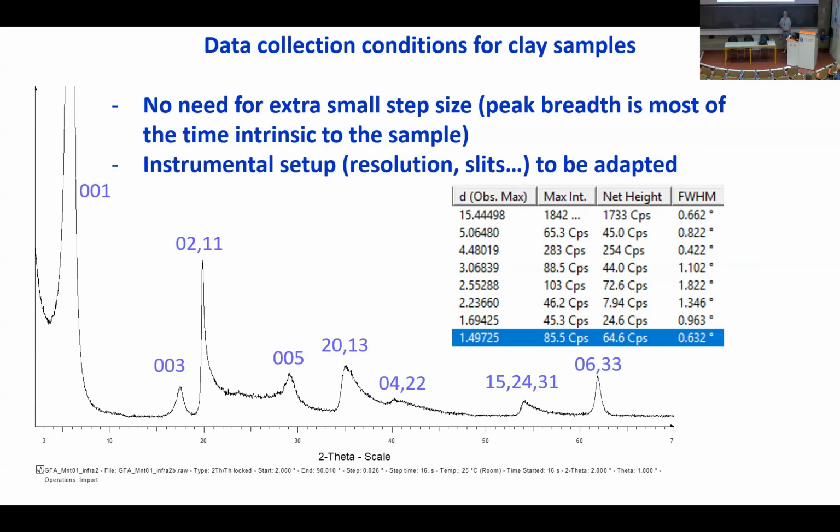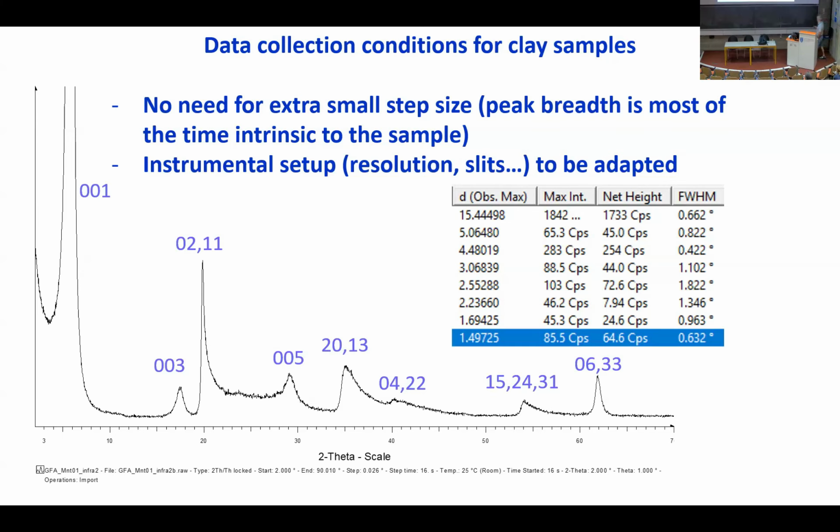I was hoping to be able to record data to show you that before I come, but we actually broke the two diffractometers we have in the lab, and I was not able to do so over the last 2 weeks, essentially. But depending on the opening of the slits here, you may decrease the opening of the slits, and you will always record the same peak breadth here, just because this breadth is actually intrinsic to your sample.